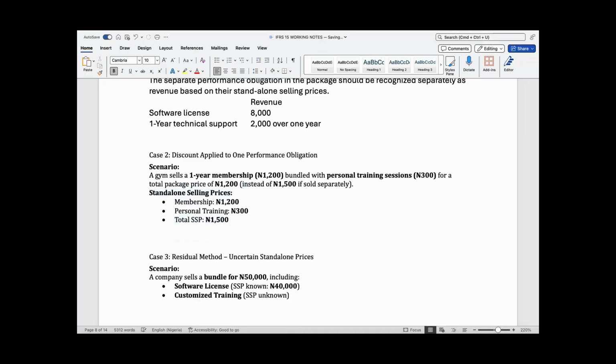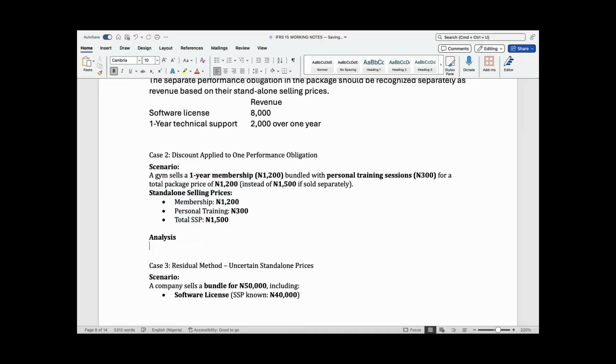Okay, so you get the idea here. Ordinarily, gym membership is 1,200. A personal training is 300. So if they are sold separately it is 1,500, but they bundled it together as a total package and say, okay, come and take the total package at 1,200.